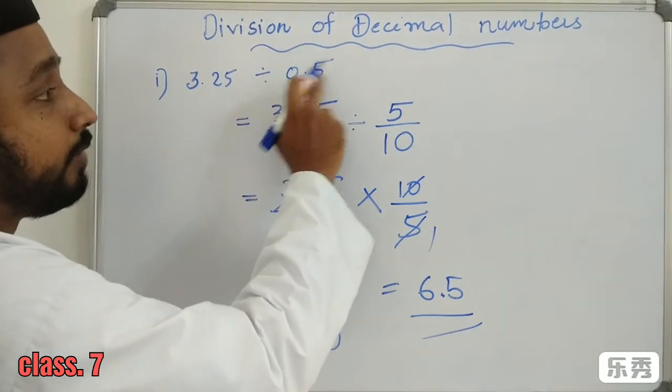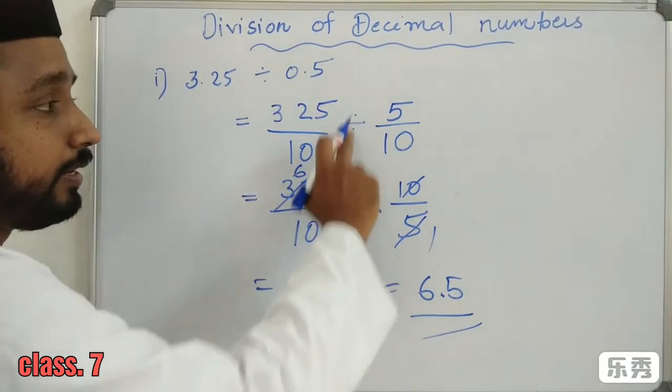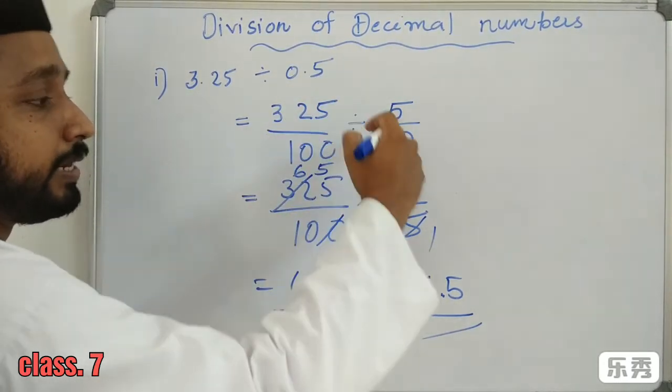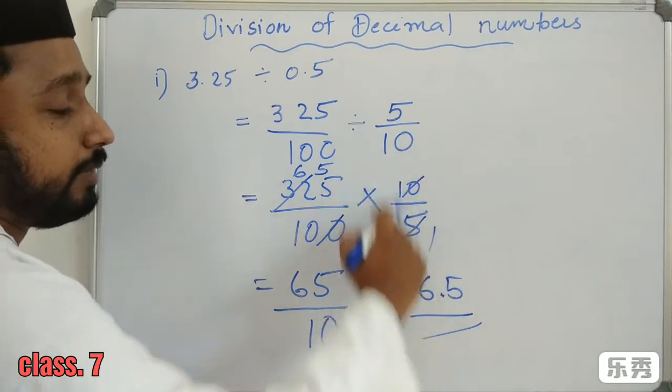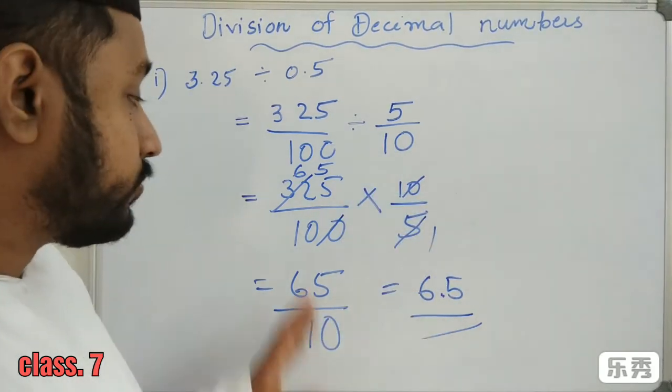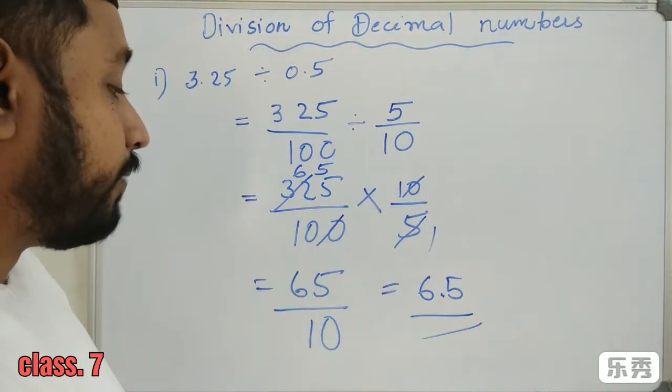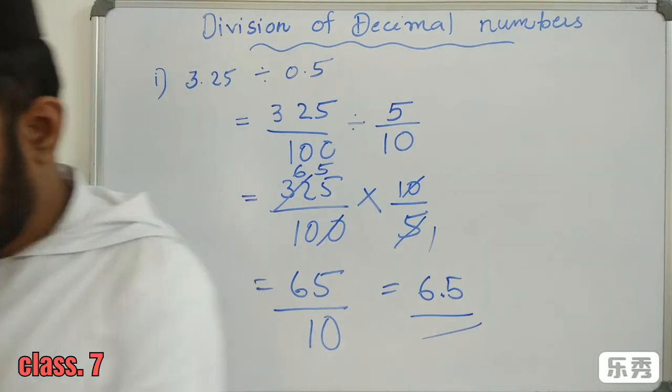Here after the decimal point 1 digit, so we use 10. Then division of fractions becomes multiplication by the reciprocal of the next term, that is 10 by 5. Then cutting, we get 65 by 10, that is 6.5.